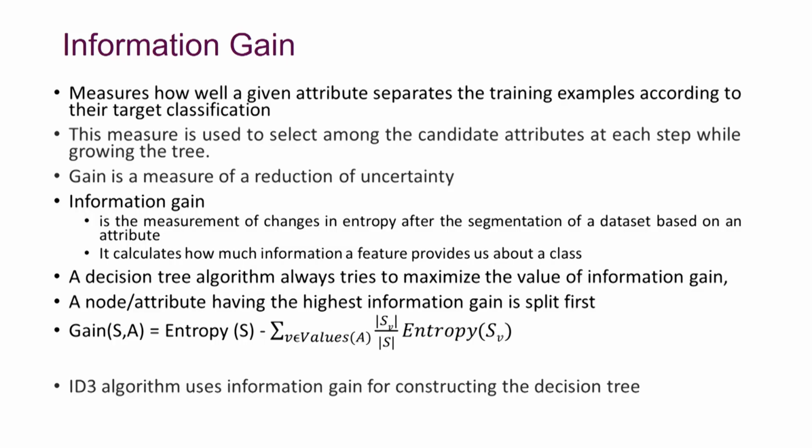Suppose there are 3 independent variables and we split the data set using all these 3 one by one, then we will calculate information gain for all these attributes, and finally we will select that attribute for which information gain is maximum, because it is reducing the uncertainty.